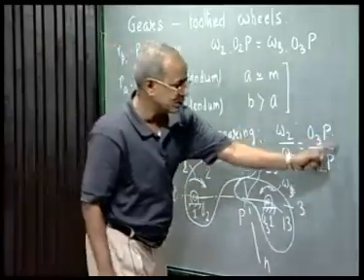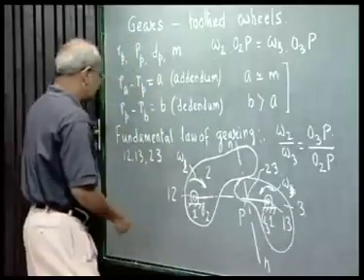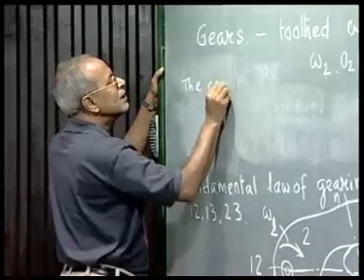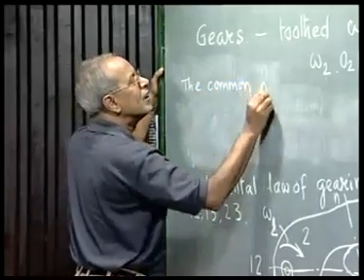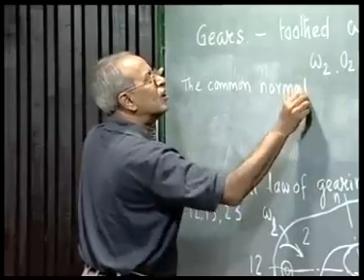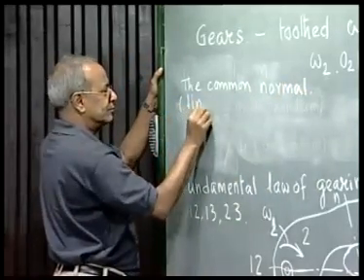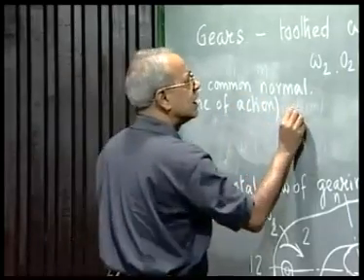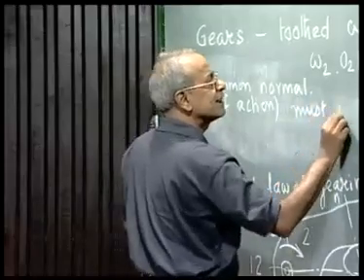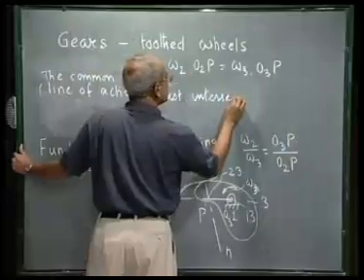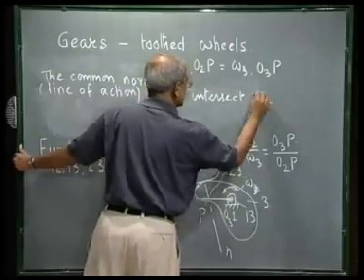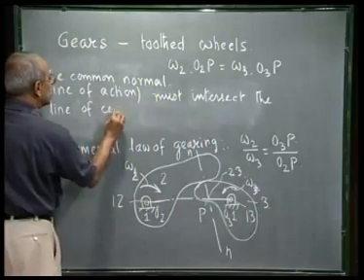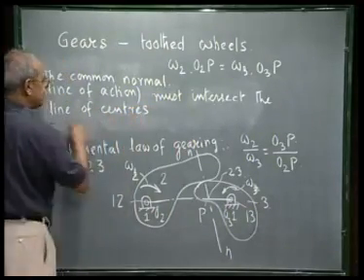And this relationship is called the fundamental law of gearing, which in words I can express as: the common normal, which we call the line of action, must intersect the line of centers, that is O2 and O3, the line of centers.